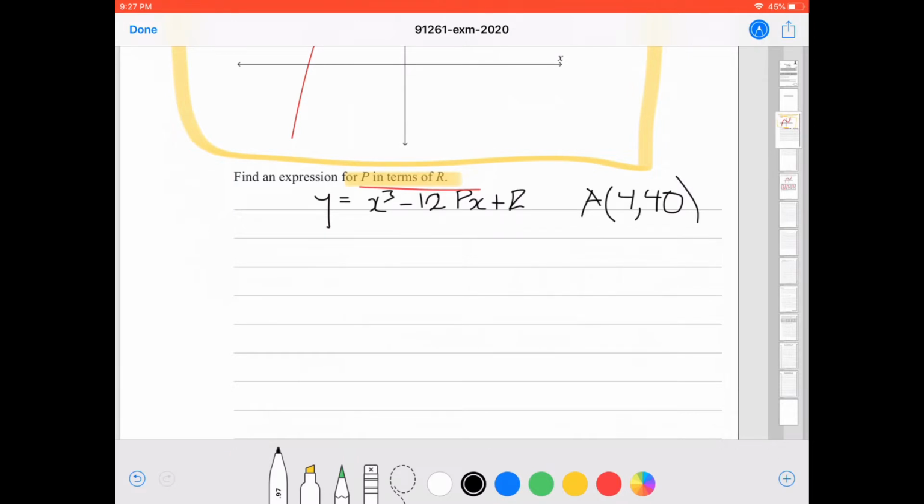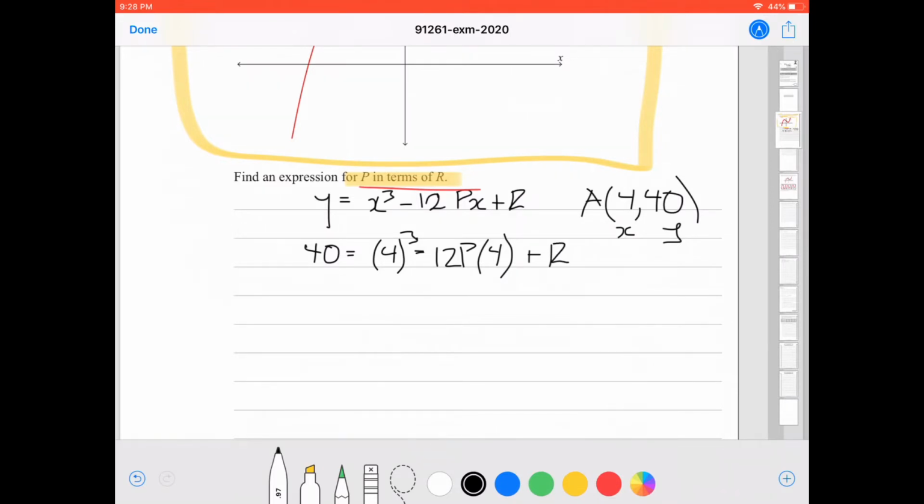So 4 is our x value and 40 is our y, and so we are going to say 40 equals 4 cubed minus 12 times p times 4 plus r.